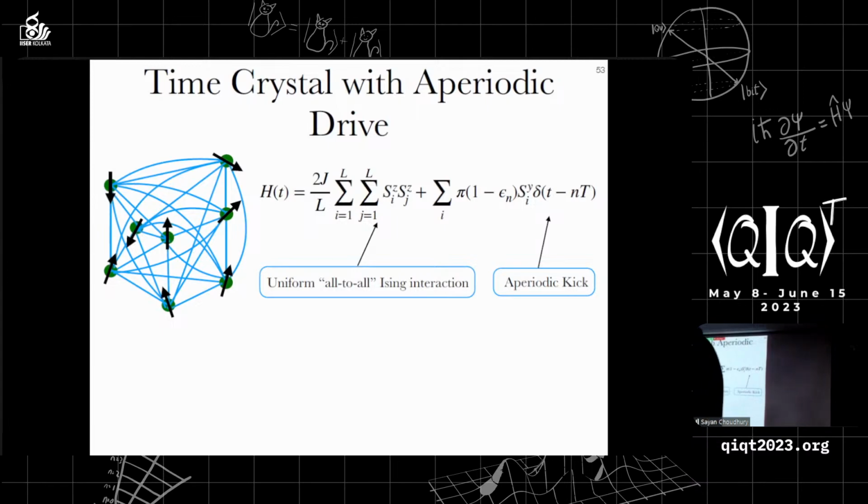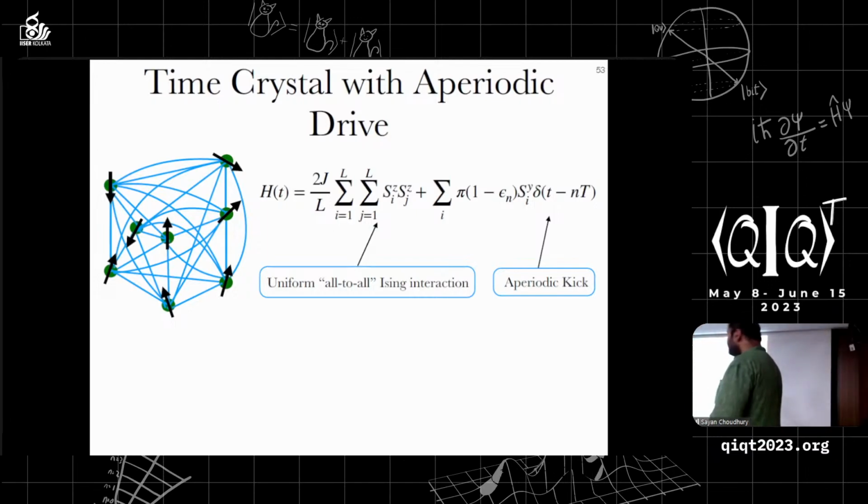We found the system was just thermalizing. But if we instead play around with the strength of the kick, whatever the strength is, and change it, there we actually get something interesting.